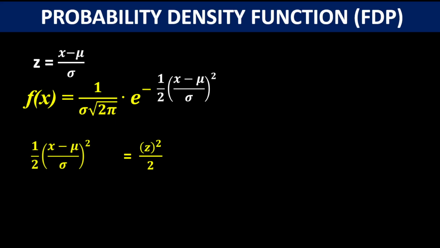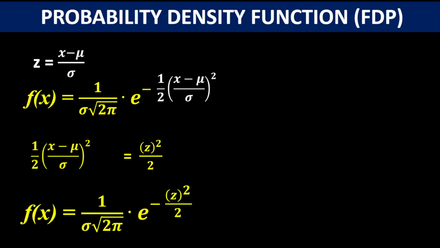If this is placed in place of half x minus mu upon sigma whole square, then the function will be like this: f of x equals 1 upon sigma root 2 pi into e raised to minus z square upon 2.